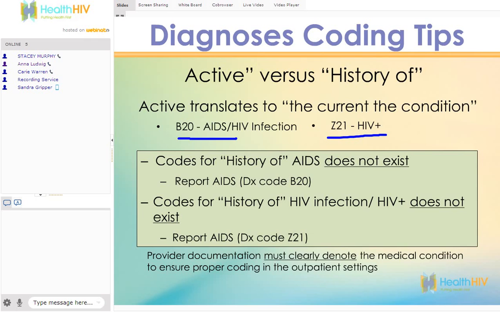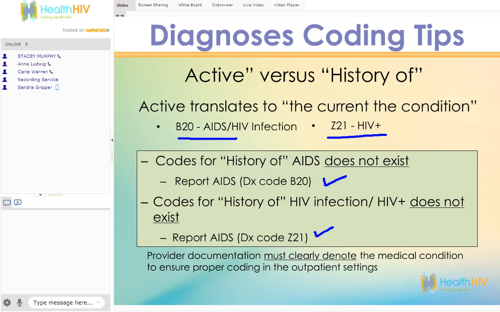There is no code for history of, so it doesn't exist. And in terms of the reporting, if the patient's record says that they have a history of, you would map B20 if the patient's chart history shows a long-standing history of AIDS, or if the patient is HIV positive, then you would use Z21.